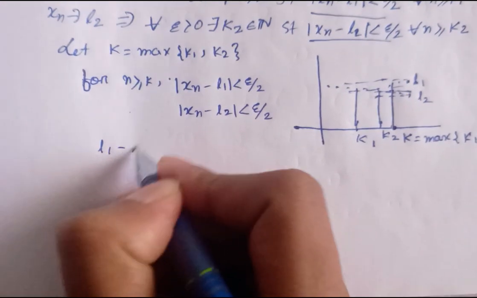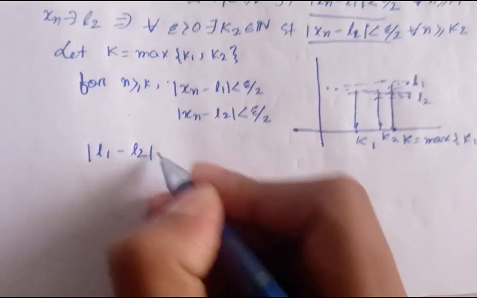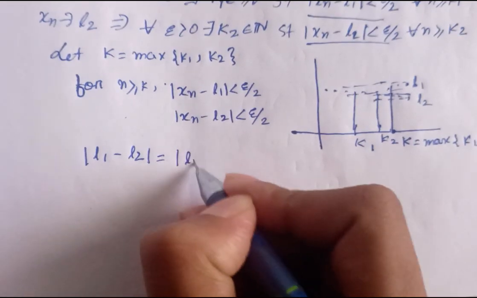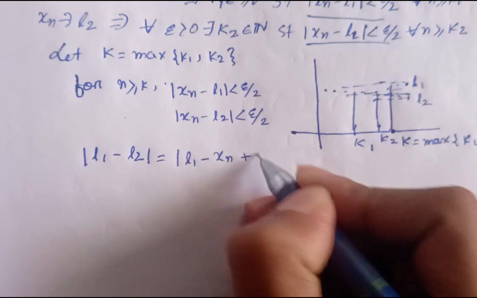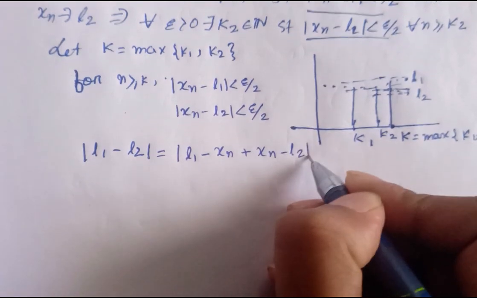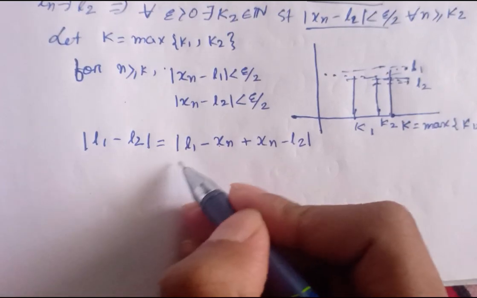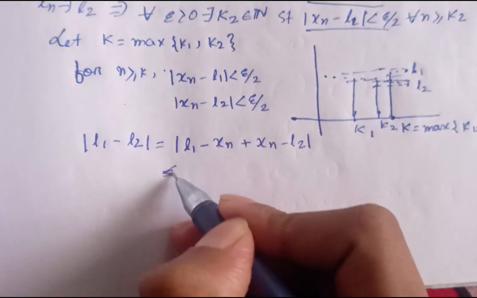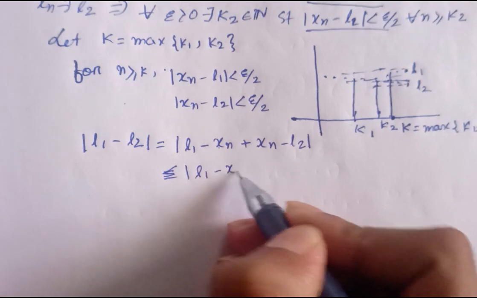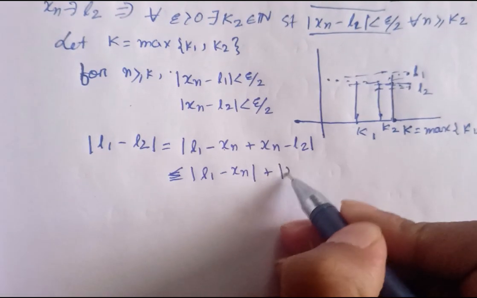Now consider mod of L1 minus L2. We can write this as L1 minus xn plus xn minus L2, so this cancels out and we get again L1 minus L2. Now this is less than or equal to mod of L1 minus xn plus mod of xn minus L2.